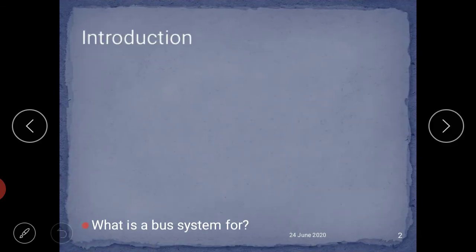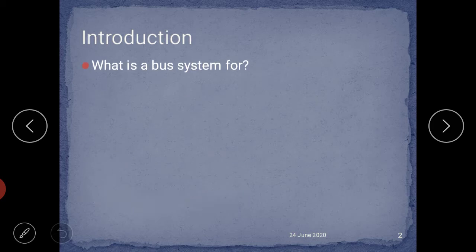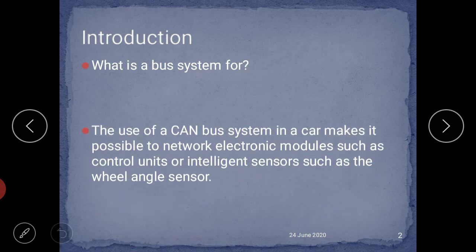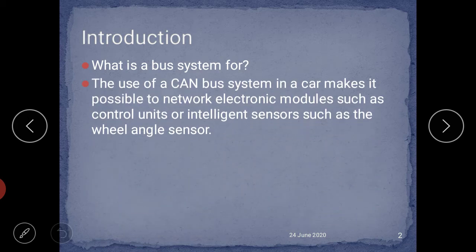Introduction. What is a bus system for? The use of CAN bus system in a car makes it possible to network electronic modules such as various different control units or intelligent sensors such as wheel angle sensor, wheel speed sensor, engine speed sensor, like this.